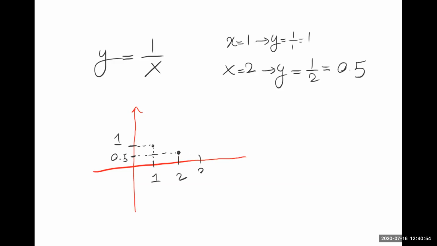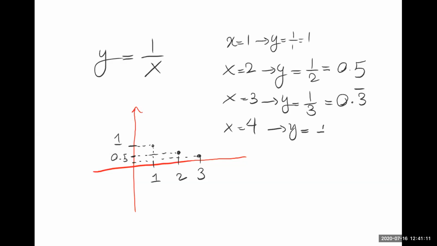If x is 3, y is 1 over 3, which is about 0.3, somewhere around here. If x is 4, y is 1 over 4, which is 0.25. So if we connect these points, we would get something like this.